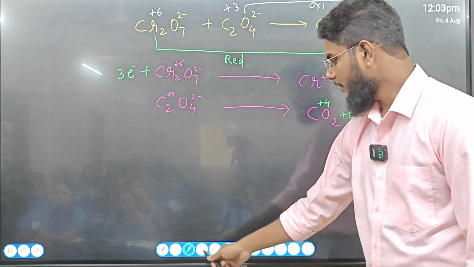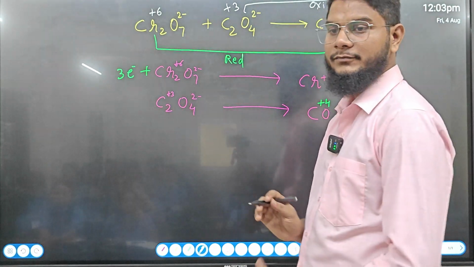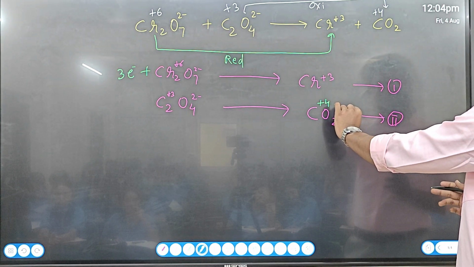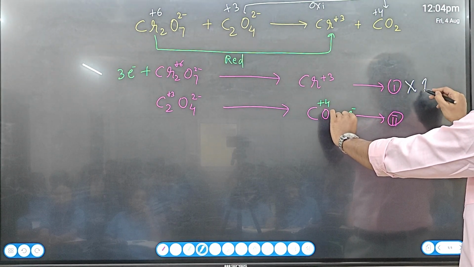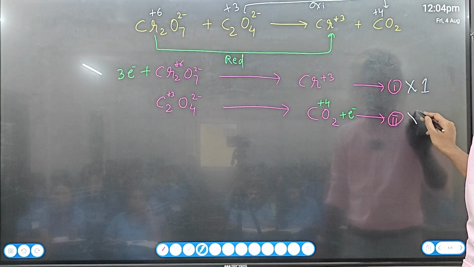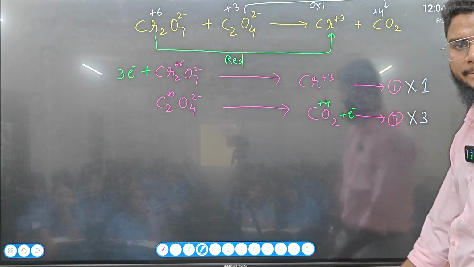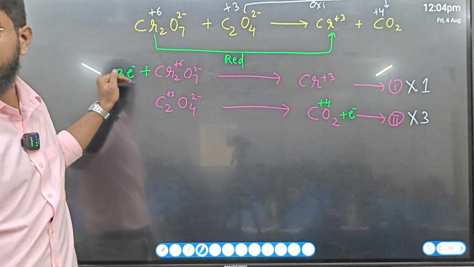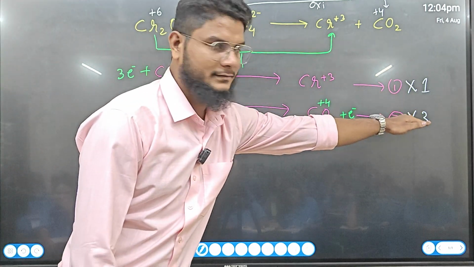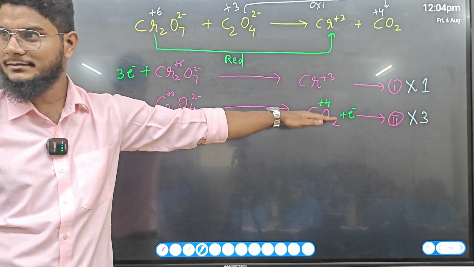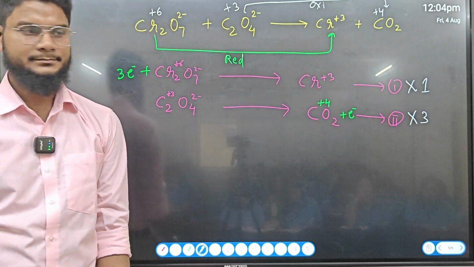Now you need to balance the number of electrons. Do nothing, just multiply this number of electrons with the coefficient. No need to think. Whatever the number of electrons in this case, multiply with the above reaction.